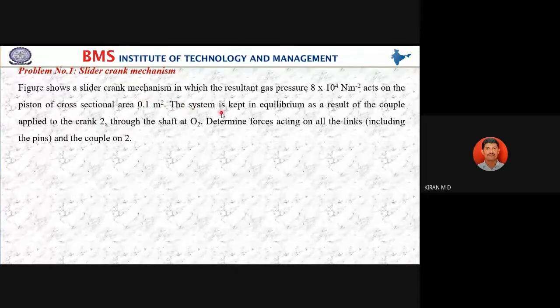The system is kept in equilibrium as a result of the couple applied to the crank 2 through the shaft O2. Determine forces acting on all the links including the pins and the couple on 2. Okay, this is the problem.